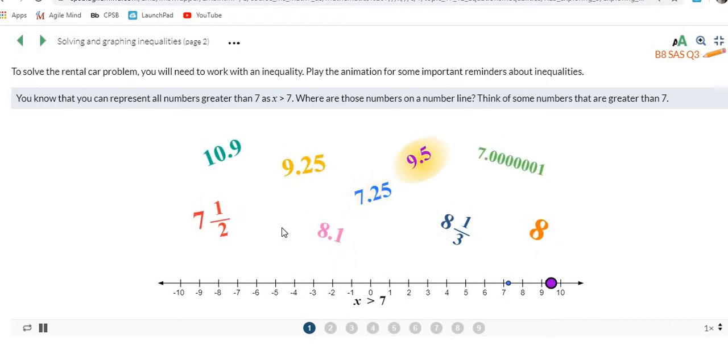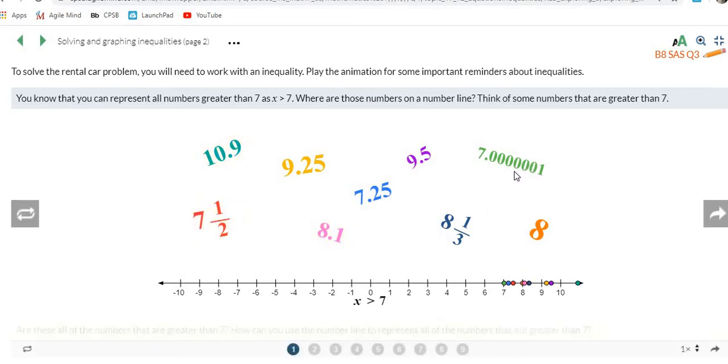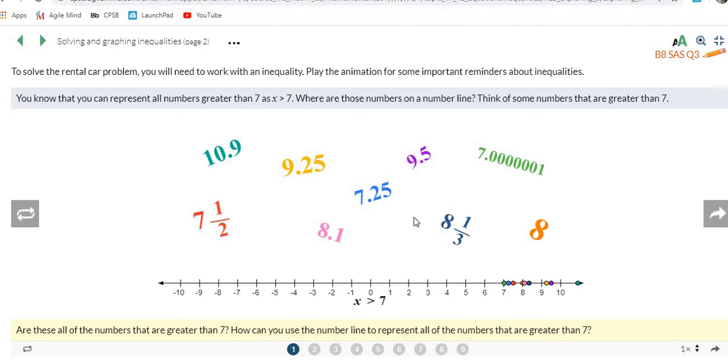Are all these values greater than 7? Yes. So they could all represent, even this one, even though it's extremely tiny, it's very, very close to being 7, but it is still greater than 7.